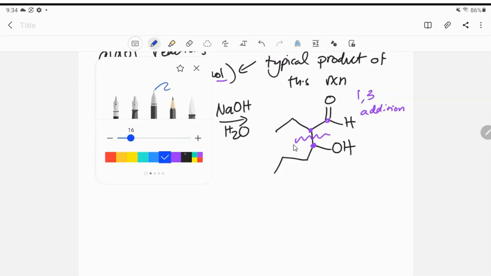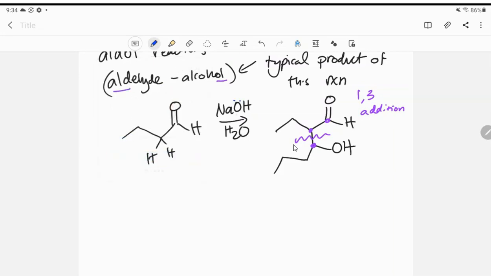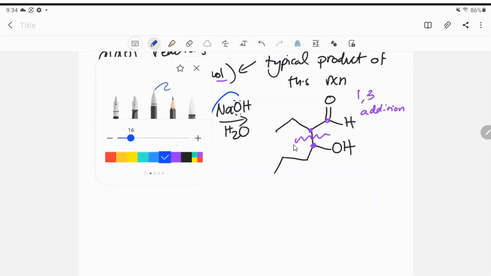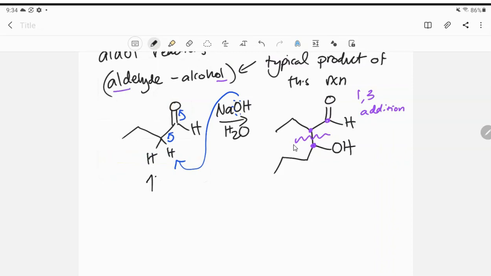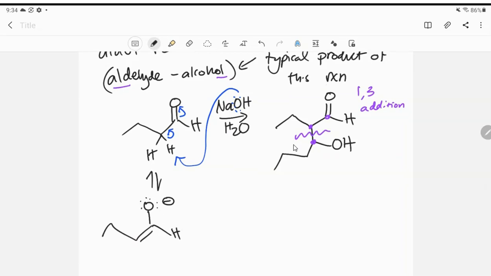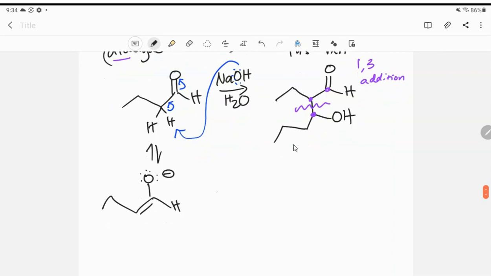So, first step for the mechanism. As this chapter is on enolates, we are going to form an enolate. That enolate will see an aldehyde.